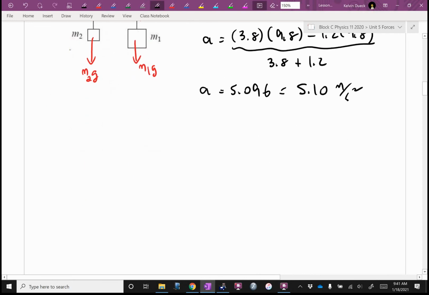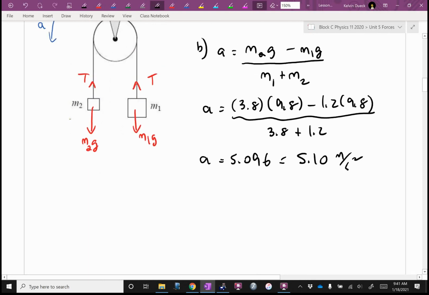Okay. Which one do you want to use, M2 or M1? Okay. Because I'm really lazy, I might have used M1 only because tension's the winner and it's slightly easier to get the tension by itself. But no matter what, we're doing most of this in our head anyways, so I'm okay with that too. So you said I'm going to use M2: M2G minus tension equals M2A, not M all A. We're just writing an equation for M2.